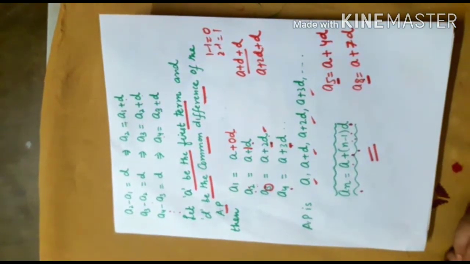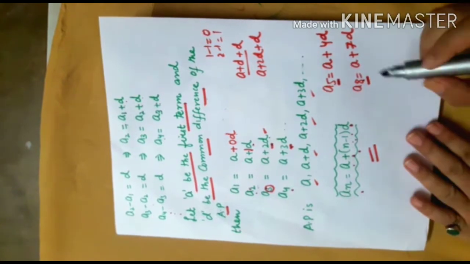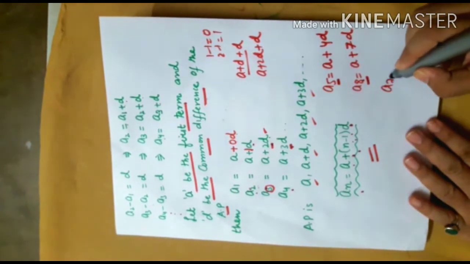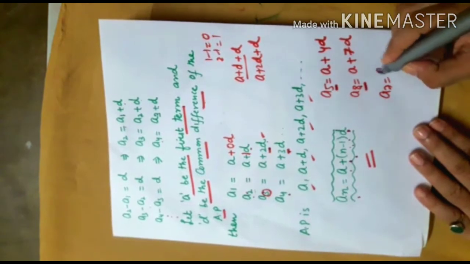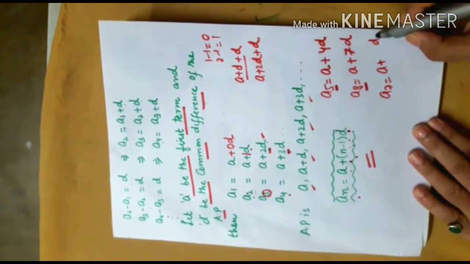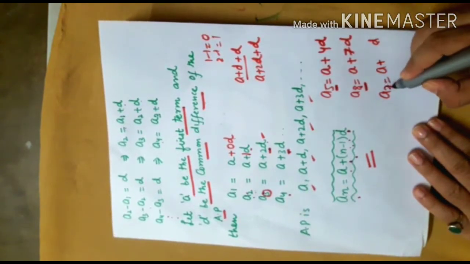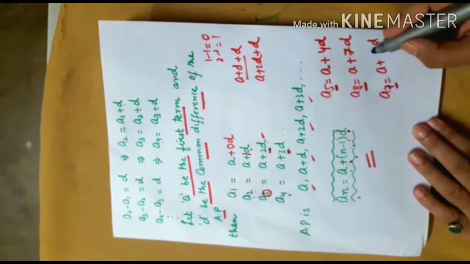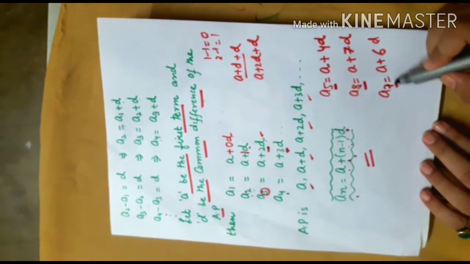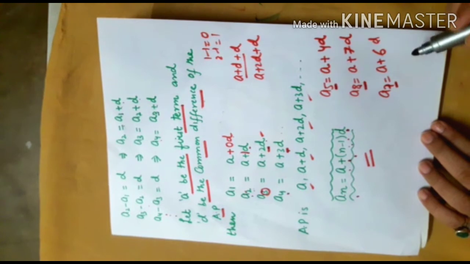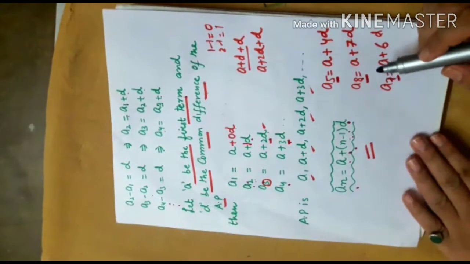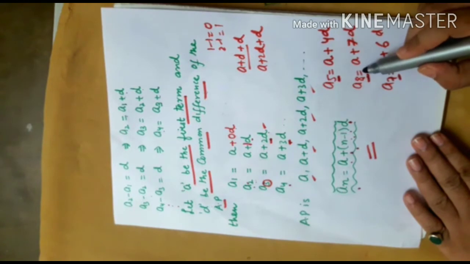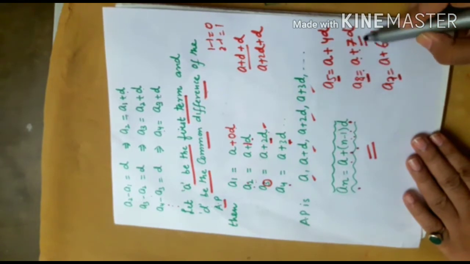So, if I ask you what will be the seventh term, it will be A plus, the coefficient of D will be 1 less than 7, so it will be 6. So, A7 will be A plus 6D. Similarly, A8 will be equal to A plus 7D.